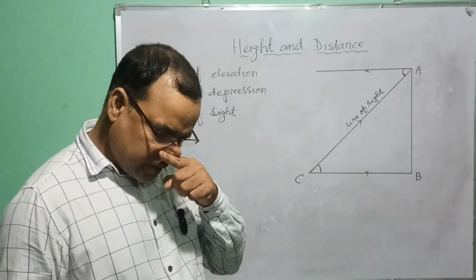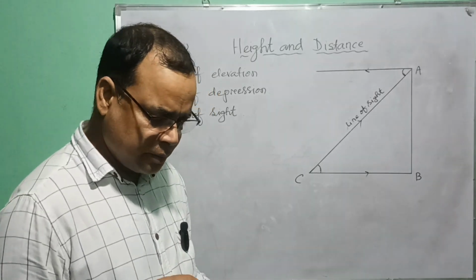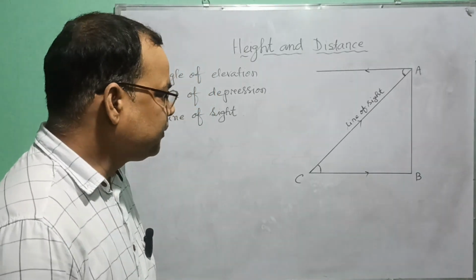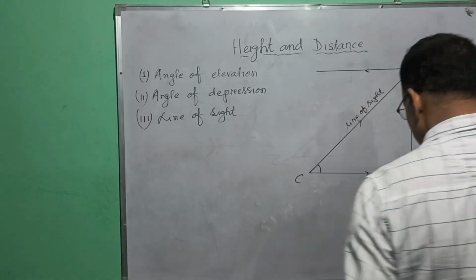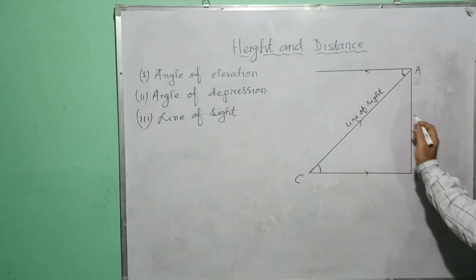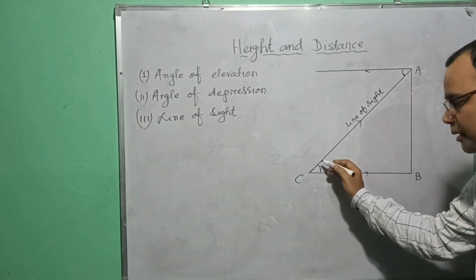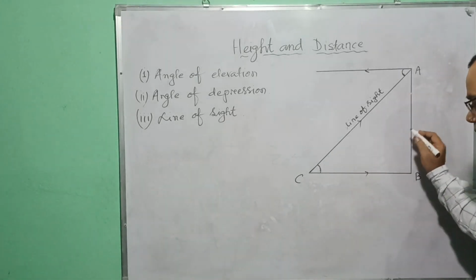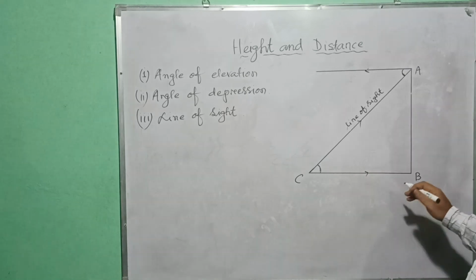One more thing I want to discuss, which I will discuss later on also: in this triangle, three sides are there, one is the hypotenuse, here it may be the perpendicular, here it may be the base.